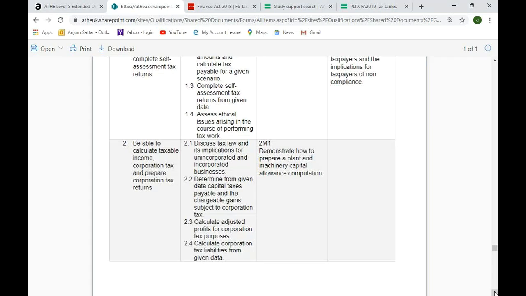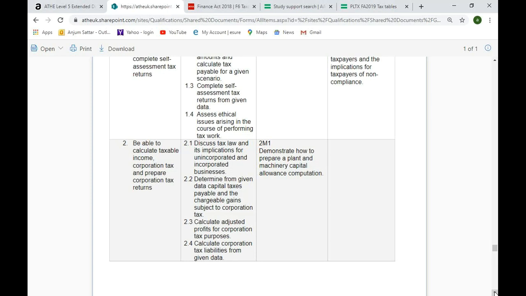So in today's lesson we'll move forward and discuss LO2: be able to calculate taxable income, corporation tax, and prepare the corporation tax return. Today we'll discuss the tax laws and implications for unincorporated and incorporated business. What is the difference between unincorporated and incorporated business?